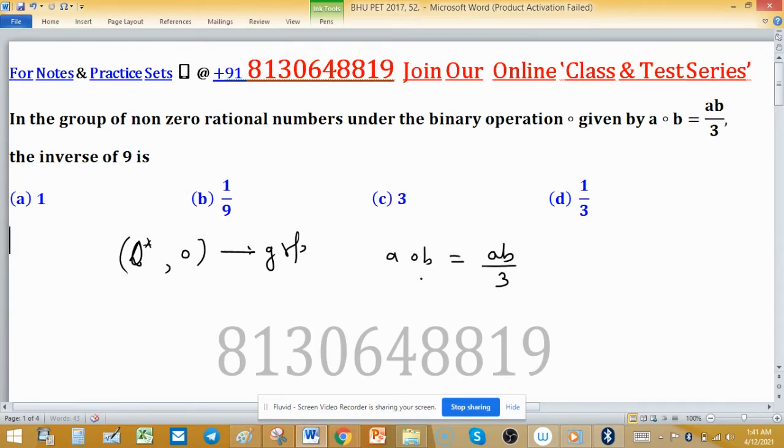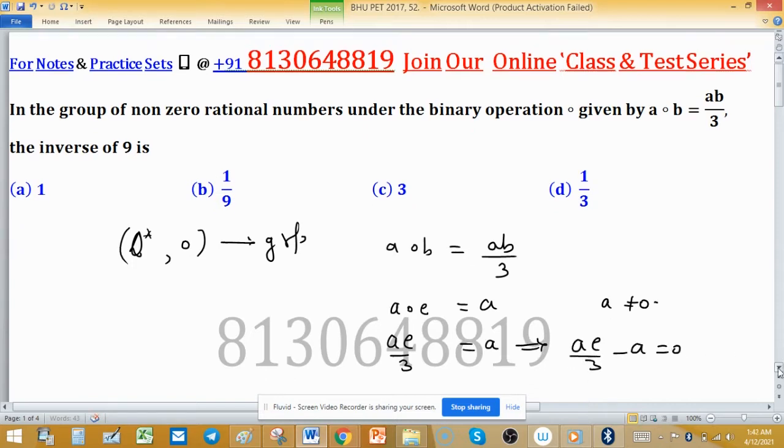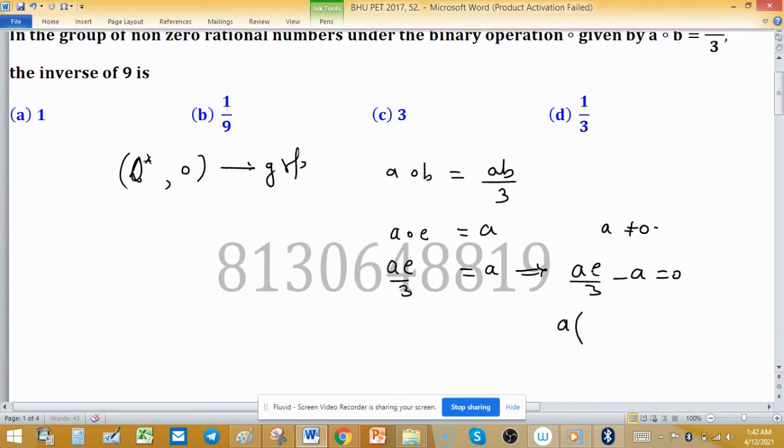So we are seeking the identity element. Consider e as the identity element, so it will return a, and a is non-zero. By the defining property, ae/3 = a, and this implies ae/3 - a = 0. Because this is an equation in rational numbers, we can take a common. No group property is applying here; this is a simple equation in rational numbers.